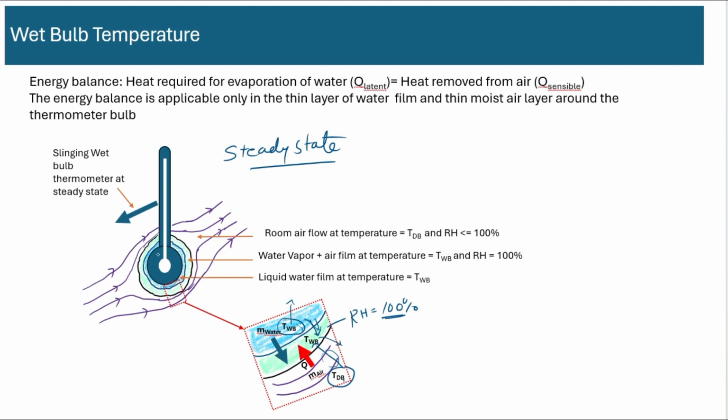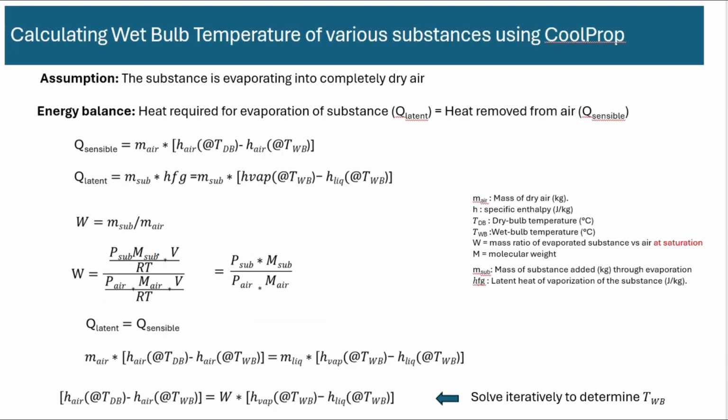So you'll basically use the energy balance that we just talked about. The heat required for evaporation is the heat removed from air. Okay, so then you will do the sensible heat change, which, we'll assume, is the enthalpy of the air initial versus the enthalpy of the air final. Initial at dry bulb temperature and final at wet bulb.